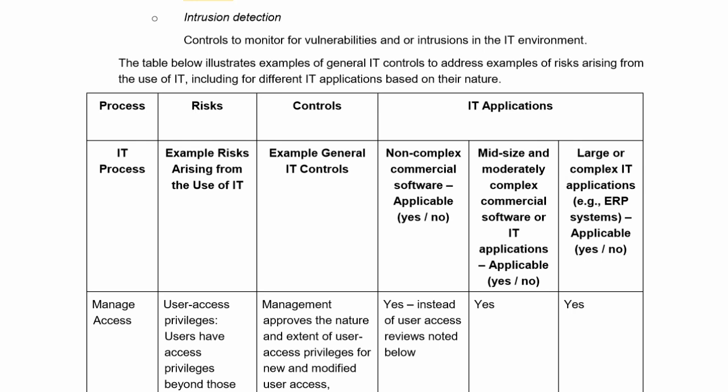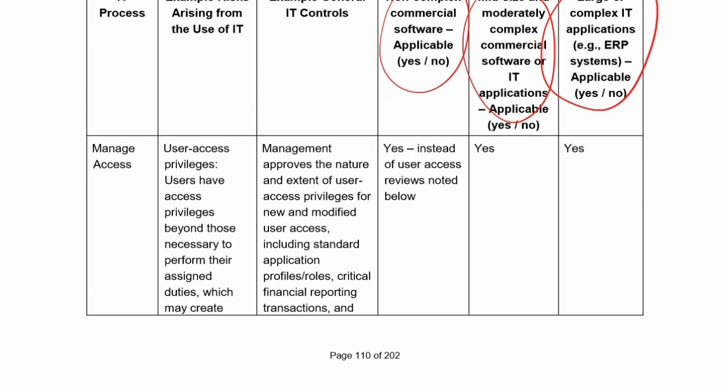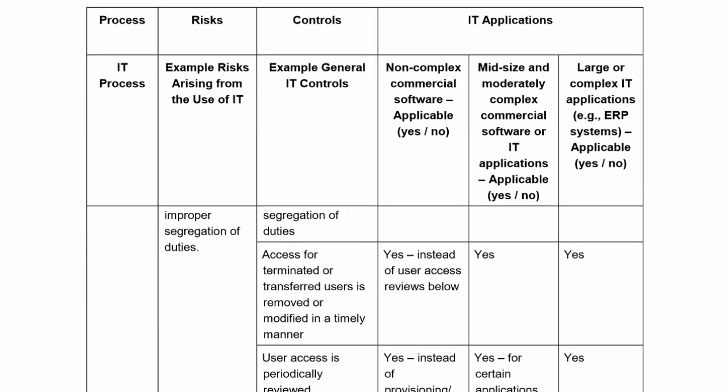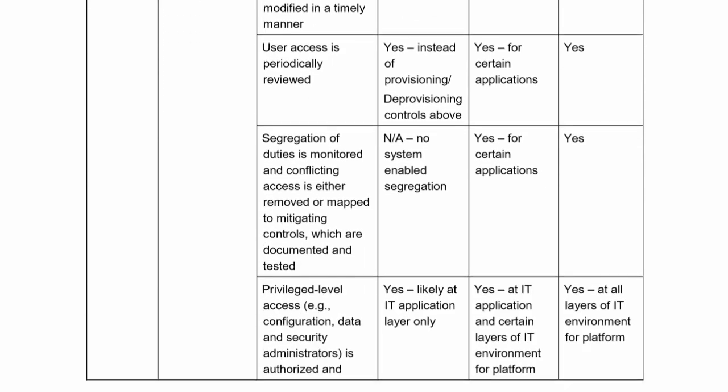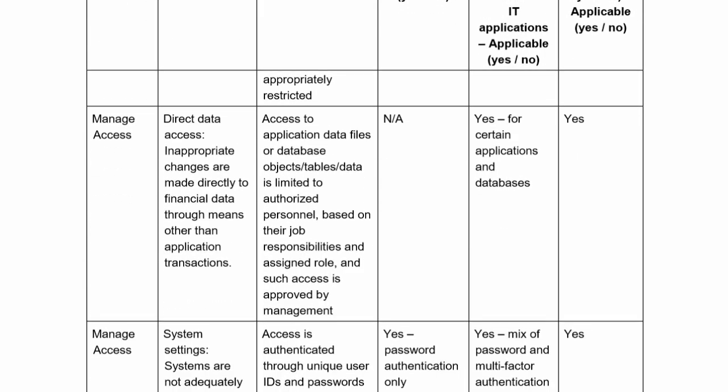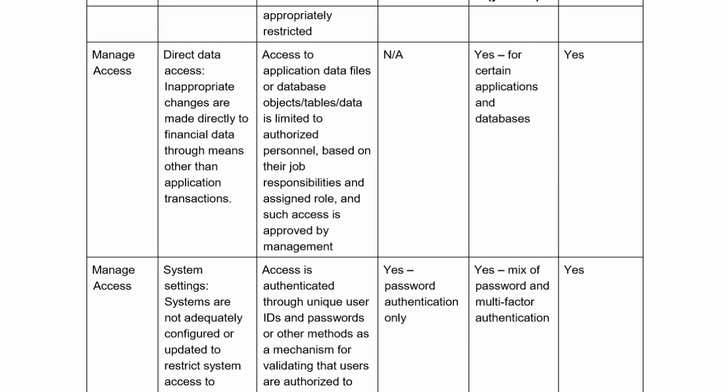And then those 3 different types of applications: not so complex, moderately complex, and very complex. Once again, they go through some of those general controls noted above and discuss whether they are applicable. Okay, so you can see access is always going to be applicable, restriction of access to all of them. Segregation of duties, yes, will be able to happen because of access controls, username and passwords.